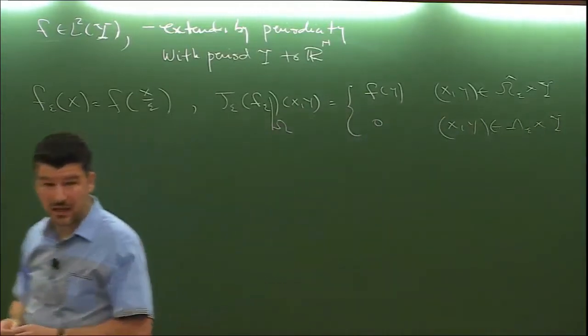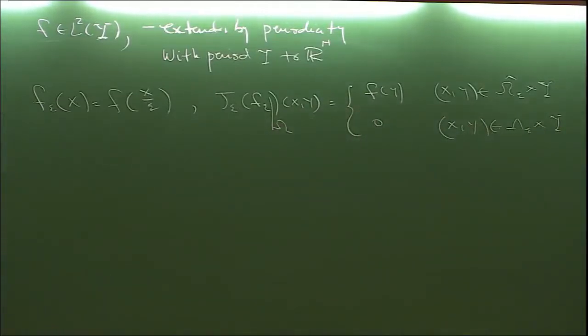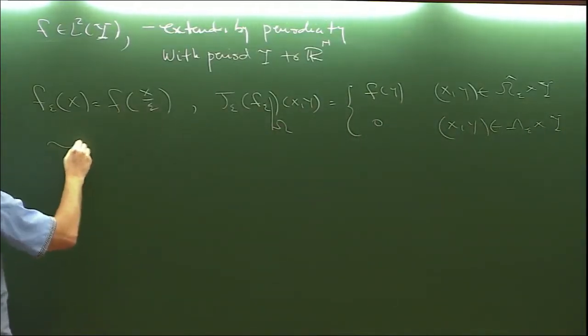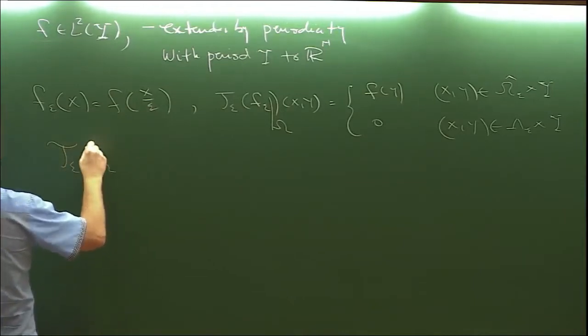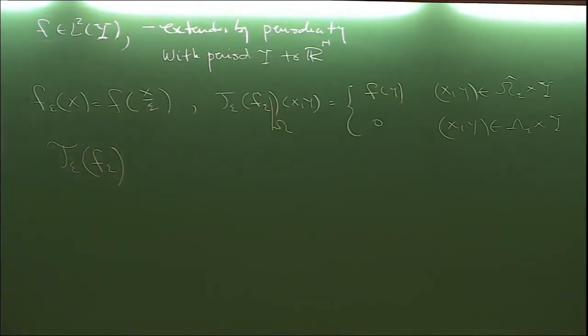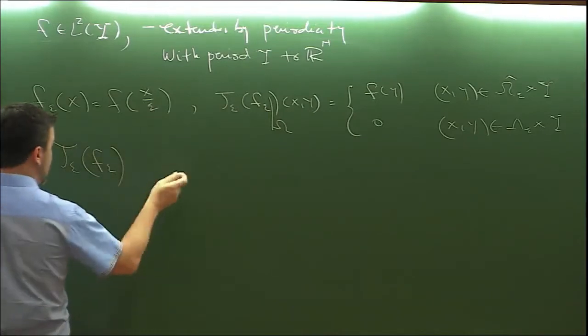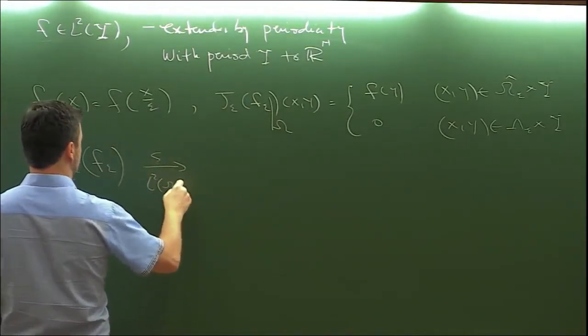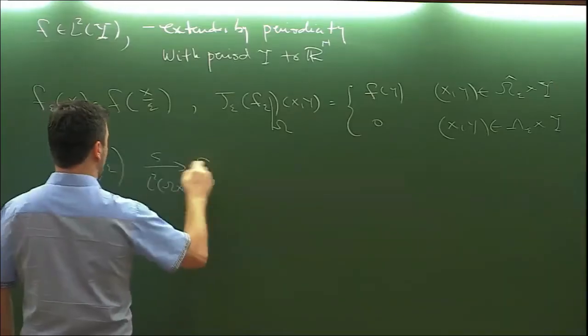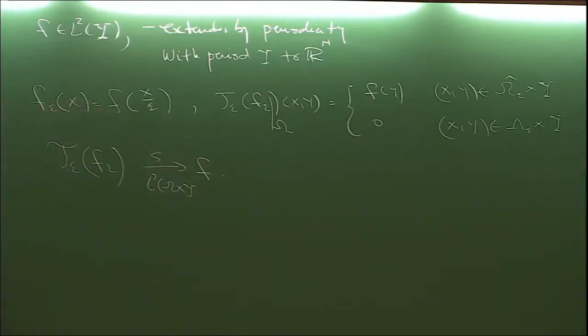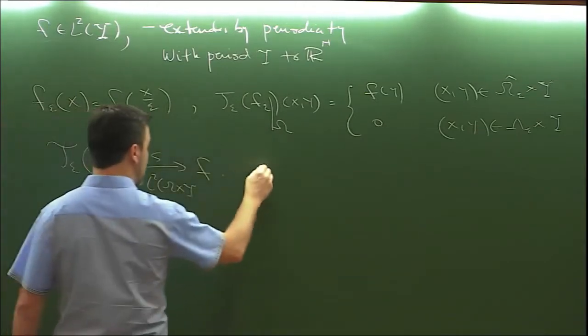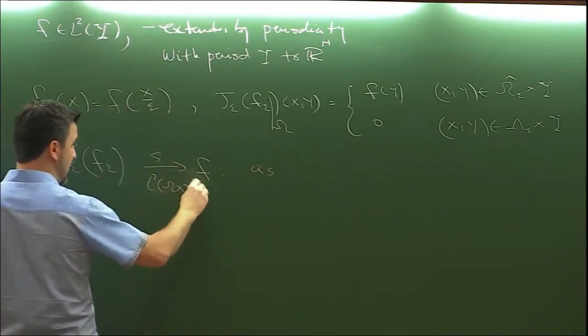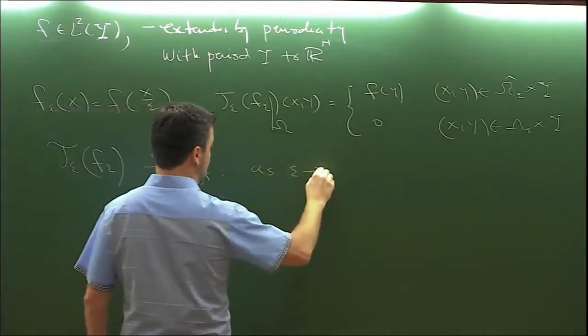Okay, we saw that last time. And more than that, this is a simple exercise I'd like you to try on your own. This implies immediately that the unfolding converges strongly in L2 of omega cross Y to f as epsilon goes to 0, okay? So the strong convergence in the product space as epsilon goes to 0.